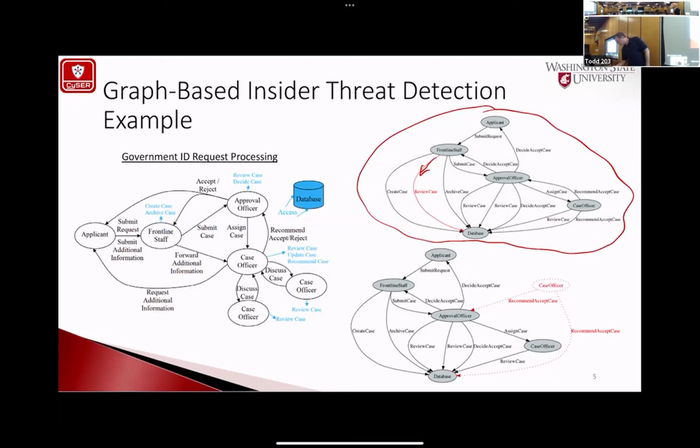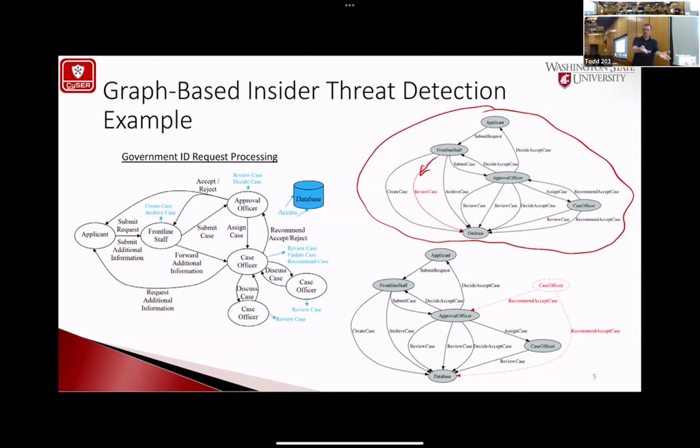Another example over here is, in this passport office, once there was an application, it would go to this approval officer, and the approval officer would assign it to a case officer.